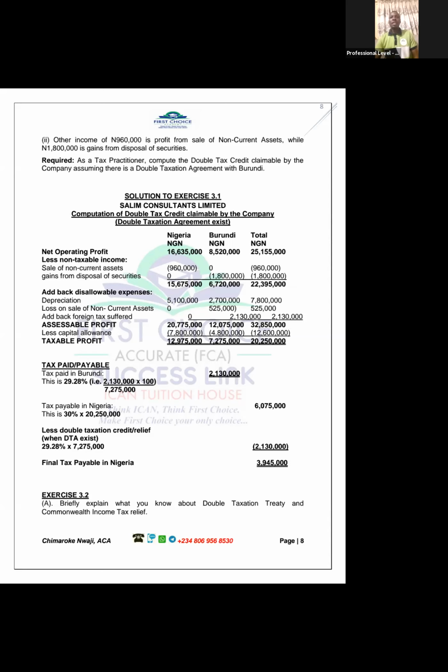So do you see that we paid 2,130,000 in Burundi and 2,130,000 is the relief? Now, assuming Nigeria is 2 million and Burundi is 2,130,000, that 2 million in Nigeria will be the relief. So you see the smaller tax between the two countries becomes the relief. That's it. Okay? So we've done the first part of the question.